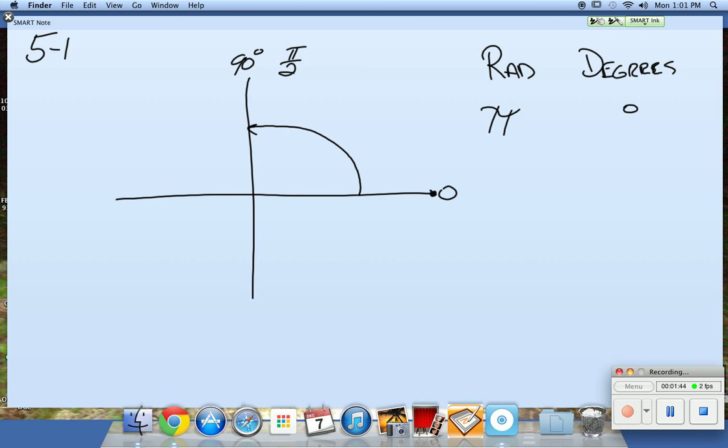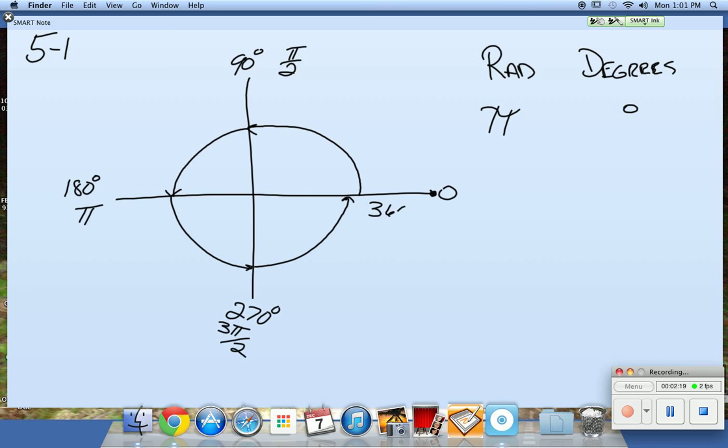We work our way back down to this x-axis again, and we're at 180 degrees or pi. As we go down to the bottom of the y-axis, we're looking at 270 degrees or 3 pi over 2. And as we come back around, we've reached 360 degrees or 2 pi.